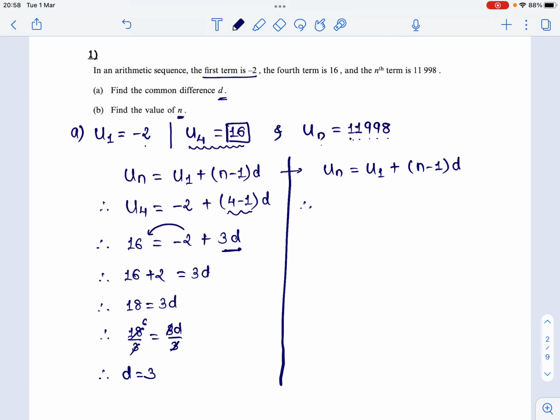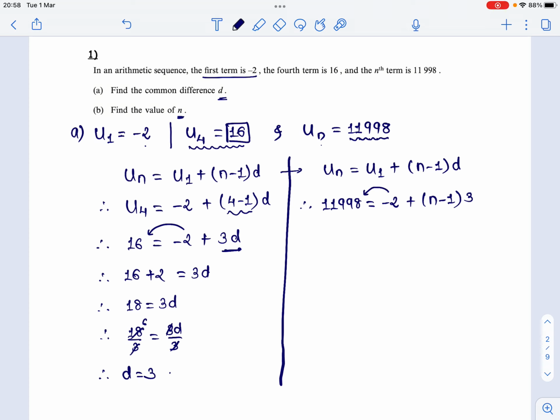We will use un as 11998, u1 as minus 2, n minus 1 because we don't know n, and the difference we know, which is 3, which we found from part A.